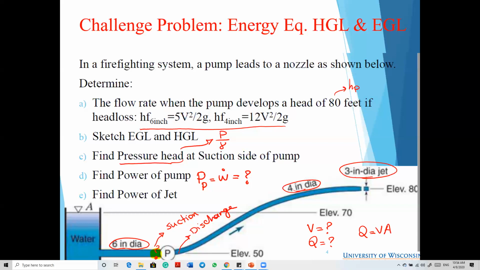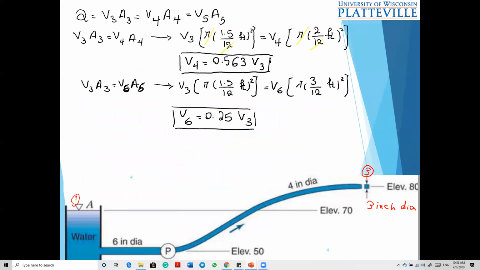Think about how we can find it, because it's not only one velocity, it's the velocity at 3 inches, the velocity at 4 inches, and the velocity at 6 inches. The Q is the same, but the velocity is different in different diameters, right? So think about how we can find velocity. All right. Let me see.